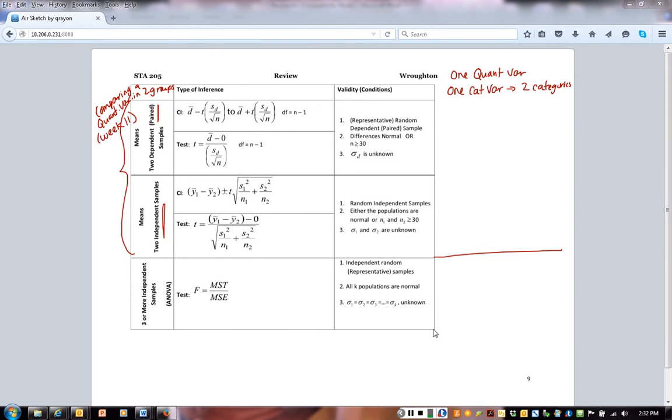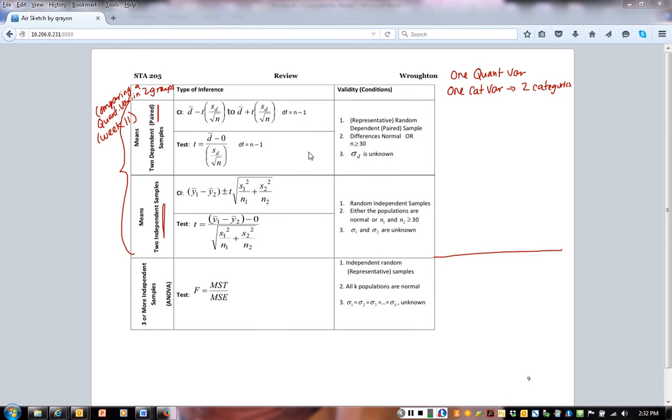So if we're comparing 2 groups, we have this categorical variable that's comparing 2 things. In our opening example, we might have looked at how much ice cream was put in a medium versus a large bowl. So I have the amount of ice cream, which was quantitative, and then I had bowl size, which was either medium or large, only 2 options. So I know I'm going to be somewhere in one of these 2.